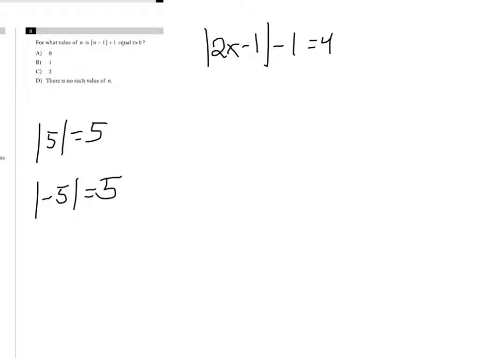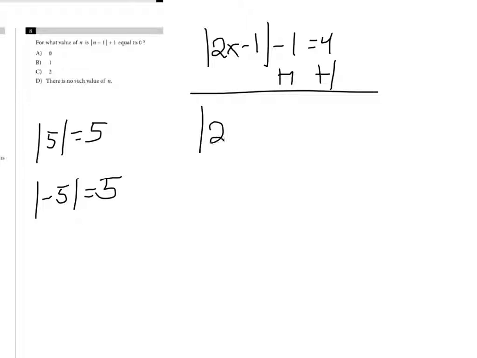So I'm going to do an example here before I do this actual question, and it'll make sense in a bit. In order to solve for x in this case, just like we were to solve for n, I want to isolate the absolute value first. So get everything that is not inside the absolute value on the other side of the equation. In this case, this negative 1 is the only thing stopping us, so I'm going to add 1 to both sides.